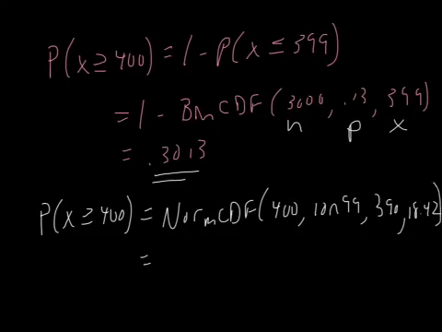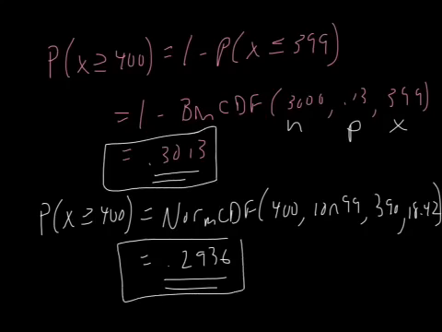And what do we get for an answer? I get 0.2936. And again, not too far off from our original answer. Again, this is an approximation. So hopefully this clears up how to use the normal model to approximate a binomial.